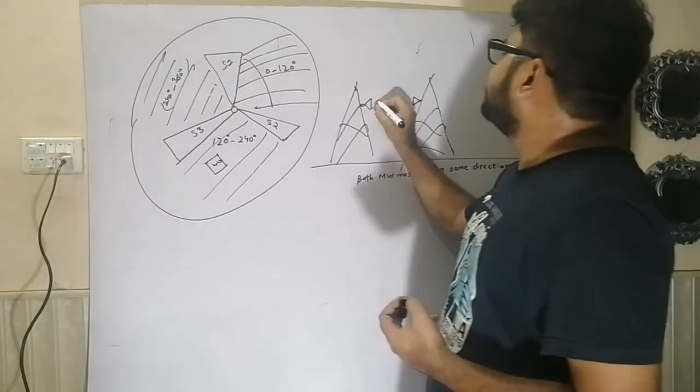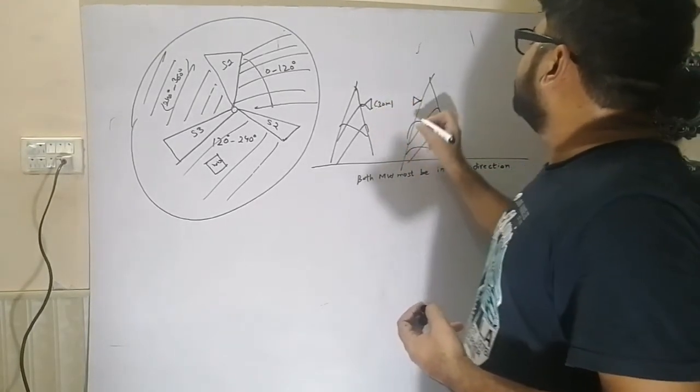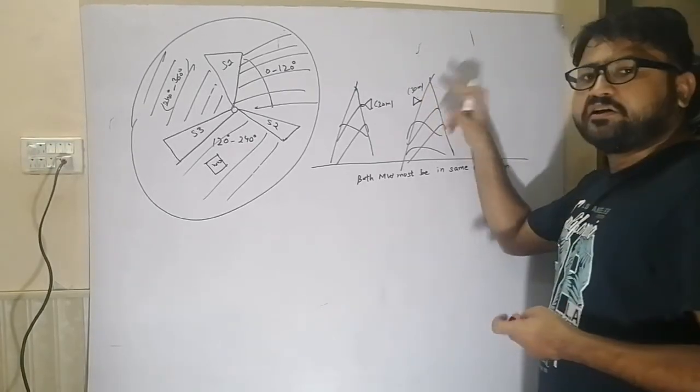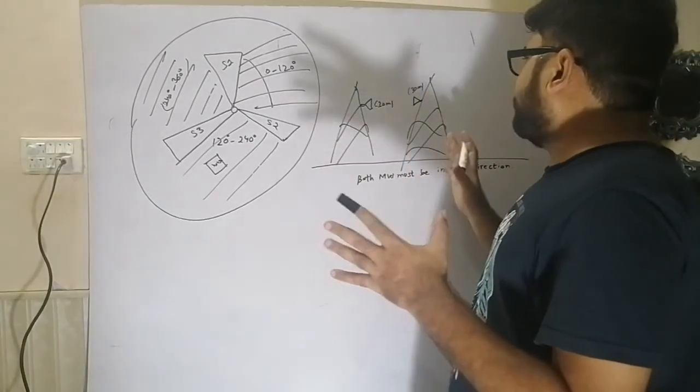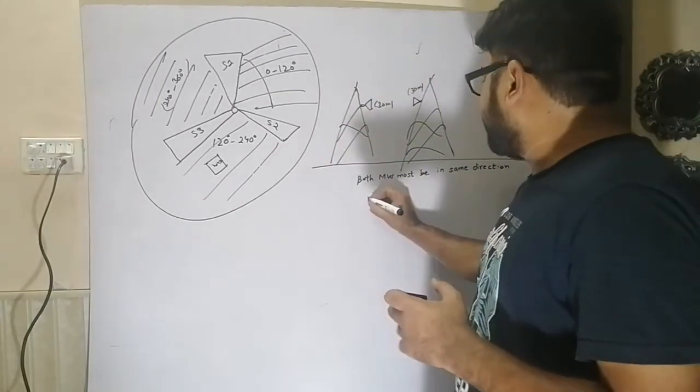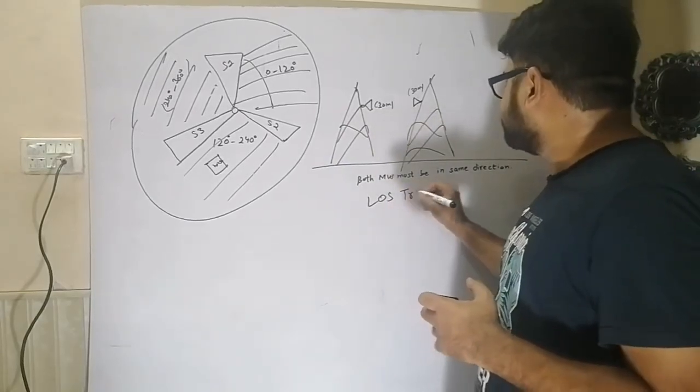Suppose this microwave is at 30 meter, then the other microwave must also be at 30 meter, so that we provide exact LOS, line of sight transmission.